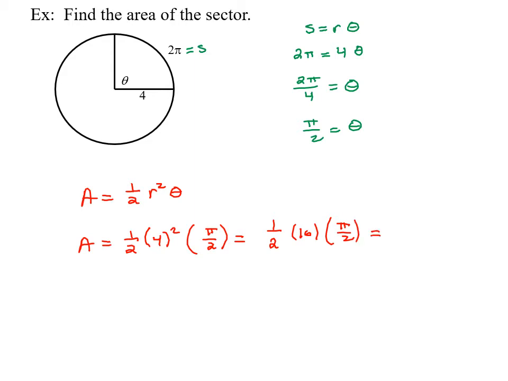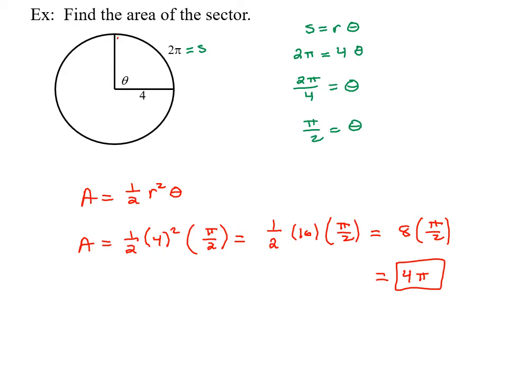Half of 16 is 8. And 8 times pi over 2 is 4 pi. The area is measured in square units of whatever the radius is. So if the radius was 4 feet, this would be 4 pi square feet.